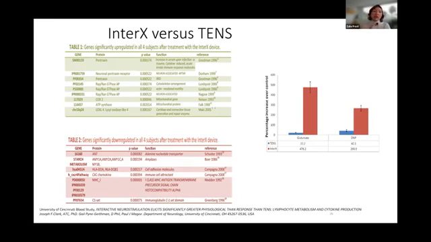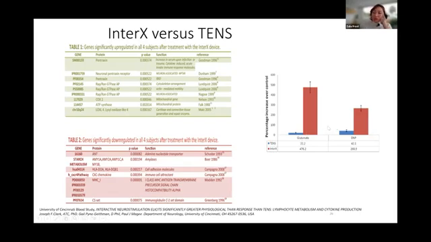Then it was stimulated with InterX, and what they did, they measured the respiration rates, like how active the immune response would be for lymphocytes, yes? There is a comparison, TENS unit and InterX, TENS in blue, InterX in red.